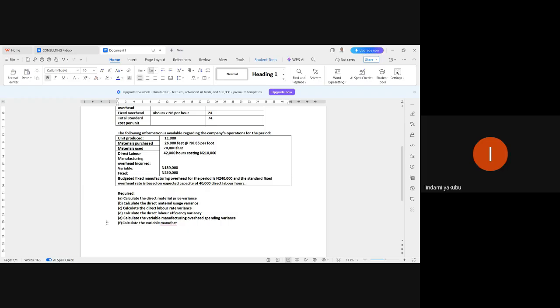F. Calculate the variable manufacturing overhead efficiency variance. And then, G.